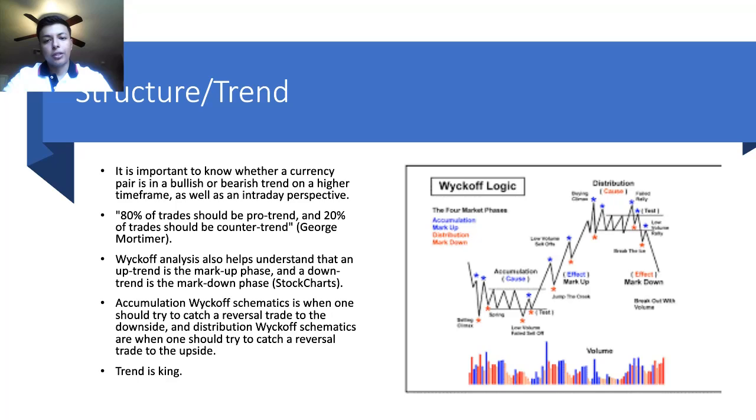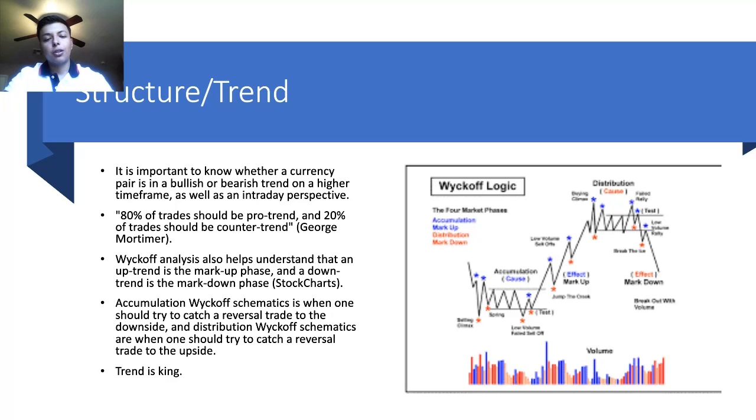So for technical analysis, what I learned was that structure and trend are key. So it's important to know whether a currency pair is in a bullish or bearish trend on a higher time frame as well as an intraday perspective. So 80% of trades should be pro-trend and 20% of trades should be counter-trend is what I learned from George Mortimer's mentorship.